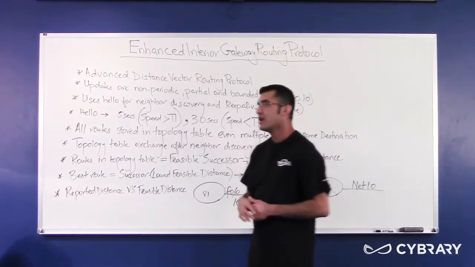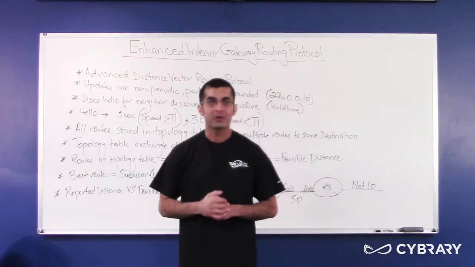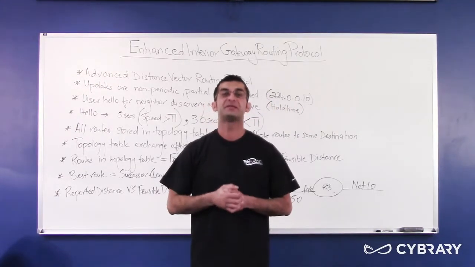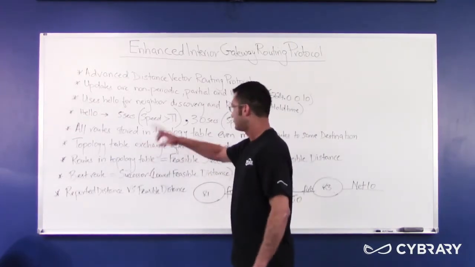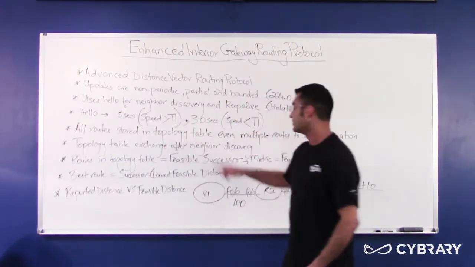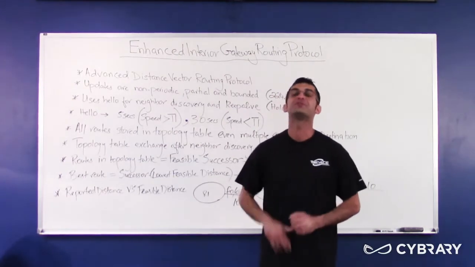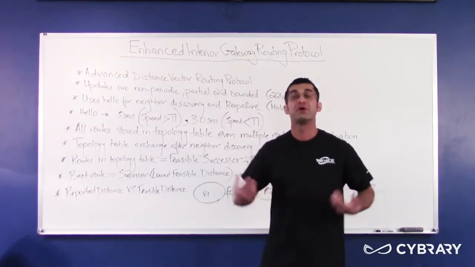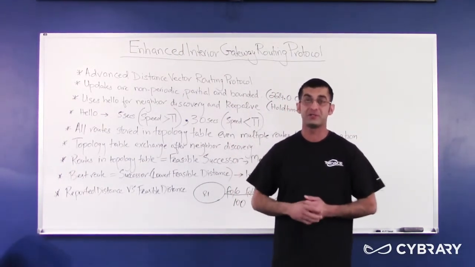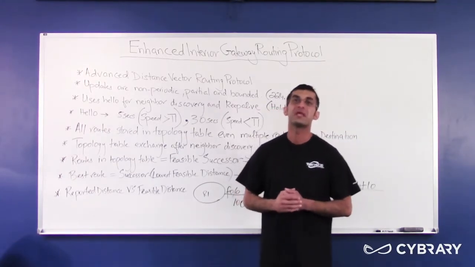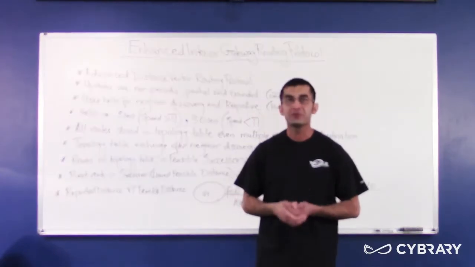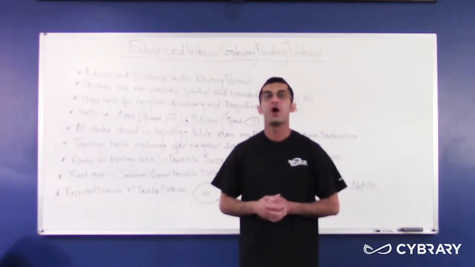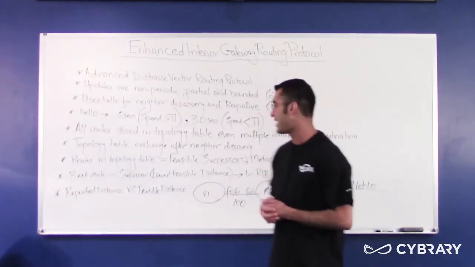Moving on. EIGRP stores all routes to all destinations in a table called the topology table. So all routes are stored in the topology table. Even if I have multiple links to the same destination, multiple routes to the same destination are stored in the topology table. Now these routes, as they sit in the topology table, are called feasible successor routes.